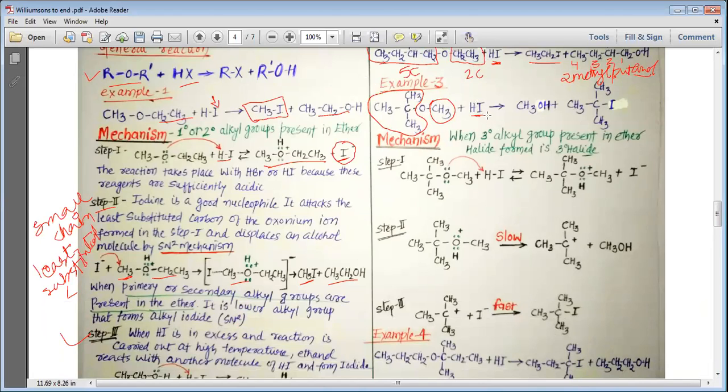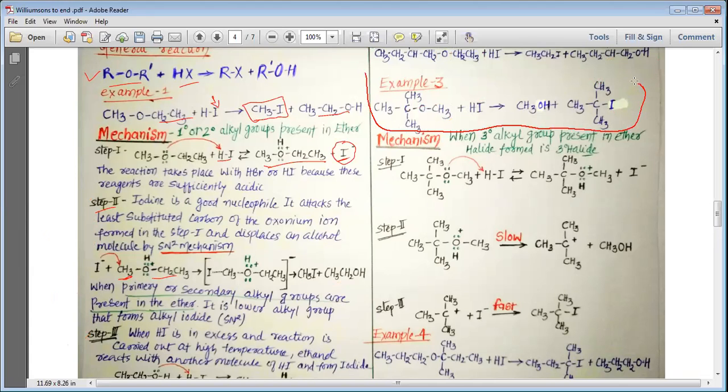So we can easily understand that the iodine should attack the least substituted carbon part, but instead of that, the iodine does not attack the least substituted carbon, but attacks the carbon present over here, that is the tertiary group. So we get the tertiary alkyl iodide, and we get alcohol.